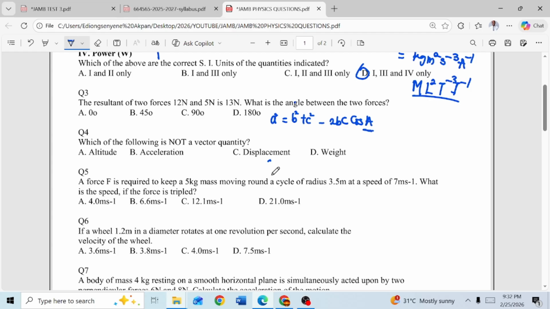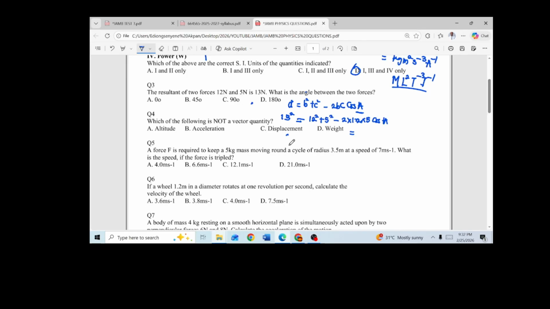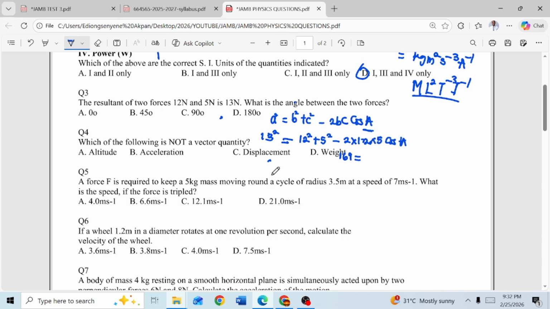Now this will give us 13 squared equals 12 squared plus 5 squared minus 2 times 12 times 5 cos A. This will give us 13 squared, that will be 169, equals 169 minus 120 cos A.